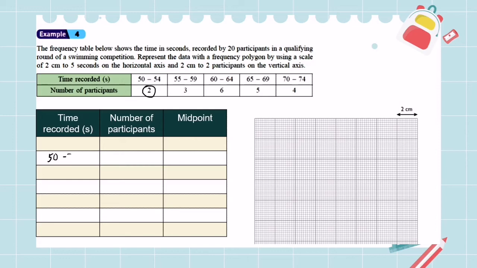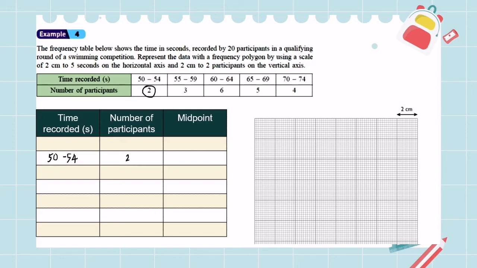Okay, 50 to 54, right in the second row. You add a class interval before the first class. Okay, so here the number of participants is 2.